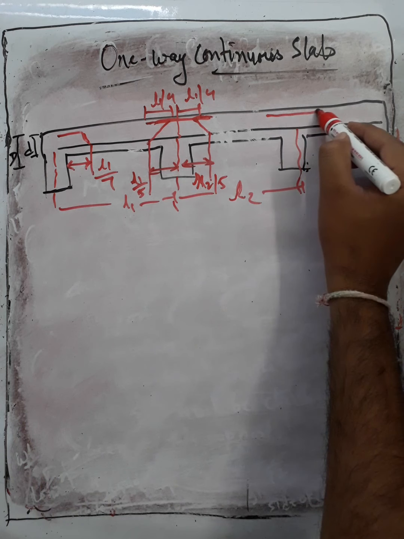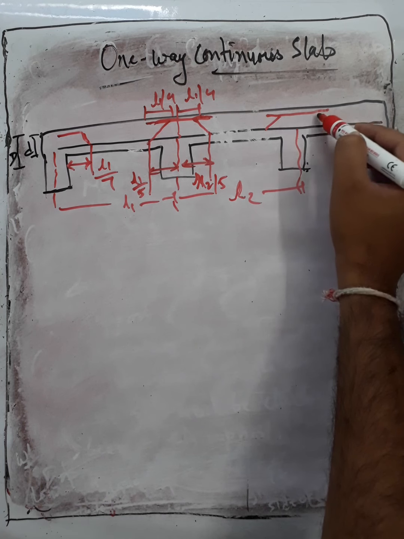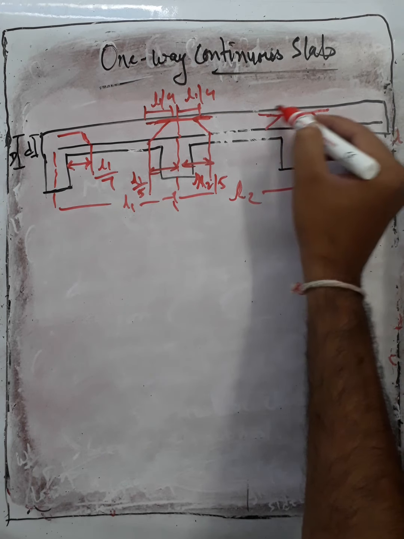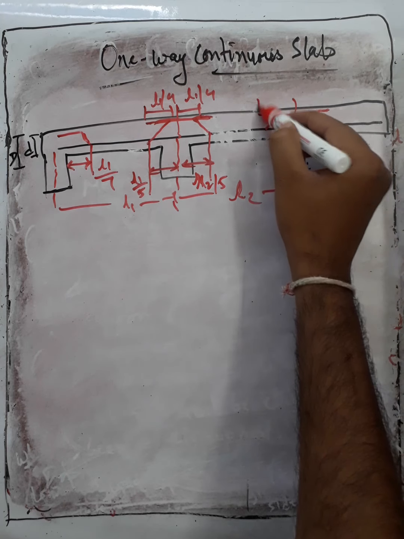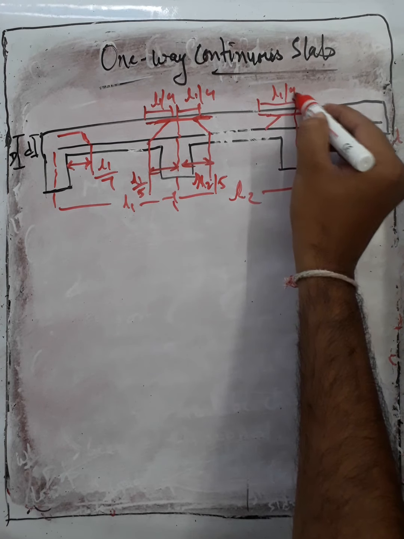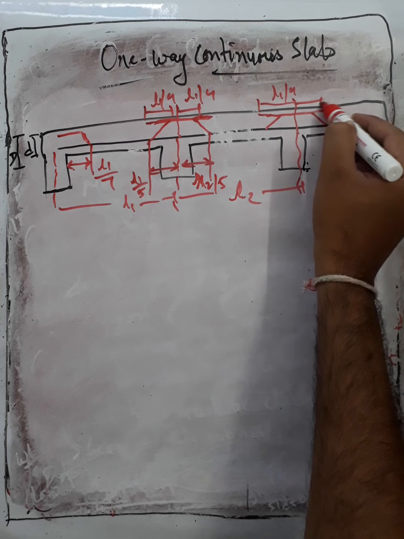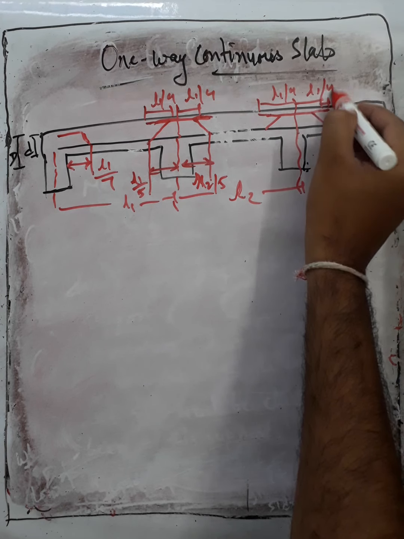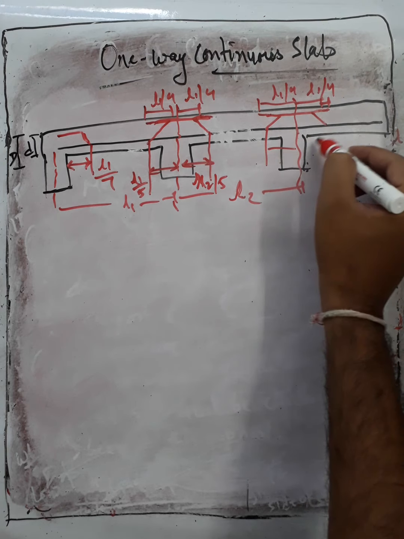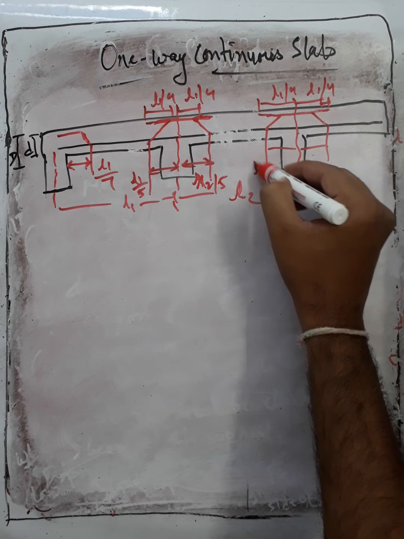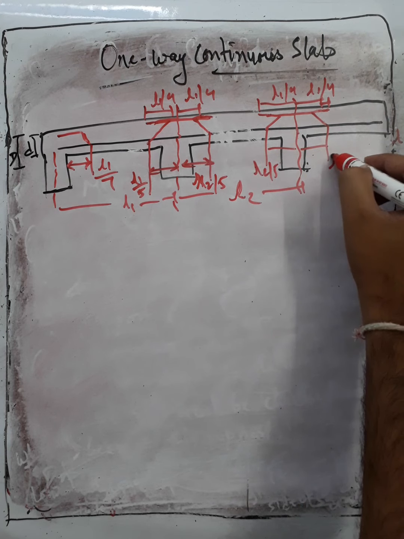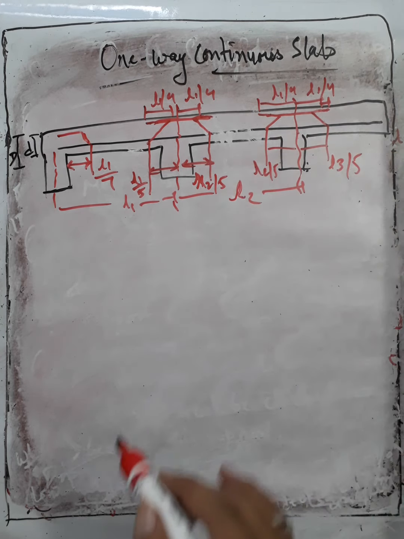Same structure here we have. So from this point to this point, this is L1 by 4, this is again L1 by 4, and from here to here and here to here, this is L2 by 5 and this is L3 by 5.